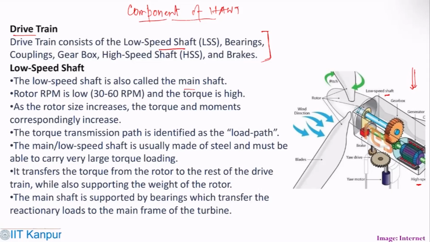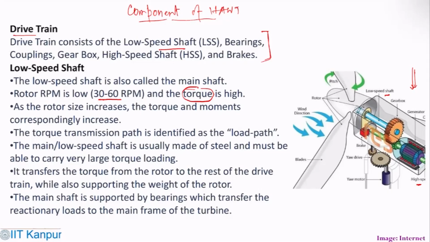Typically, the rotor RPM is low, 30 to 60 RPM, but the torque is high. Since these are large structures and the diameter is quite high, the torque is quite high.